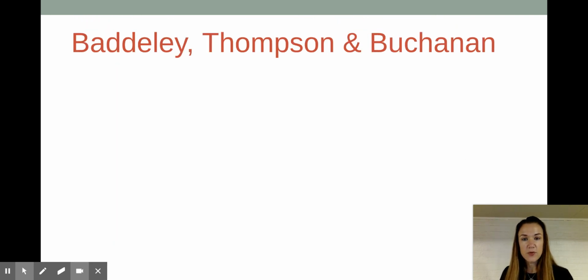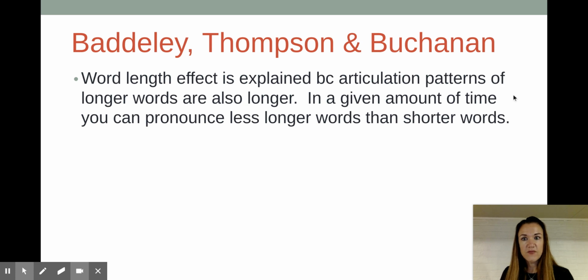Baddeley, Thompson, and Buchanan found that the word length effect that we talked about earlier, the difference in the length of the word and how that affects how many items you can remember in short-term memory, is explained because articulation patterns of longer words are also longer. So if I was to time you, it takes you longer to say hippopotamus than to say bat. In a given amount of time, you can pronounce fewer longer words than shorter words.